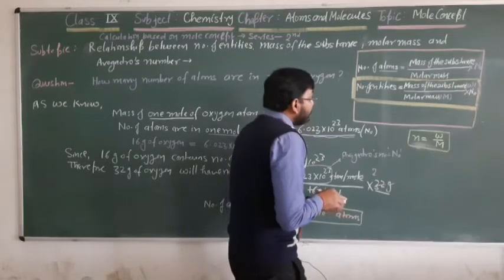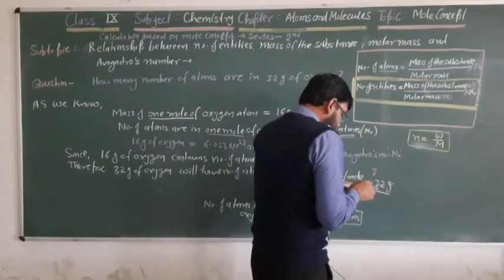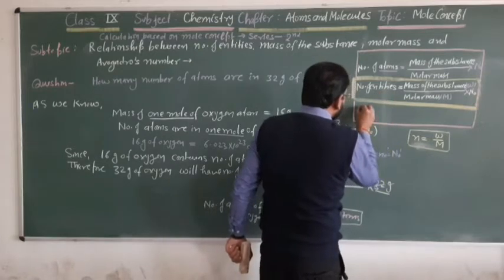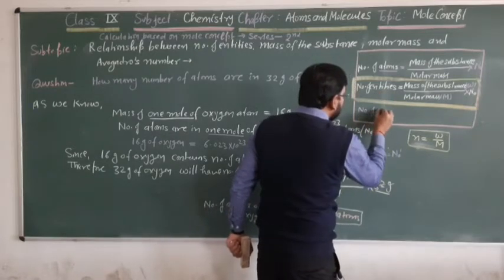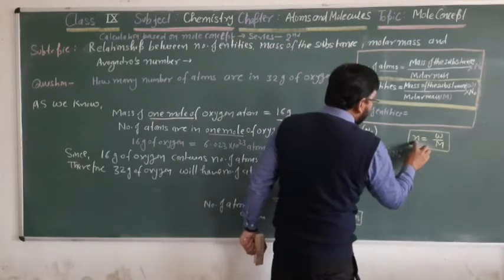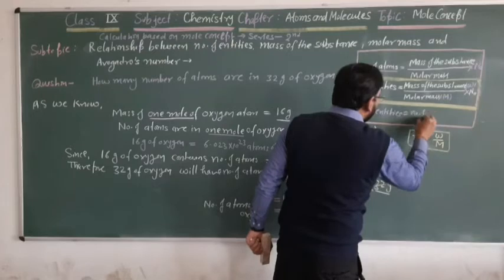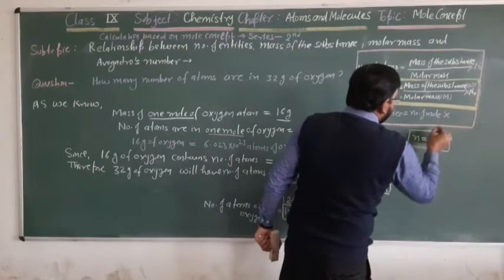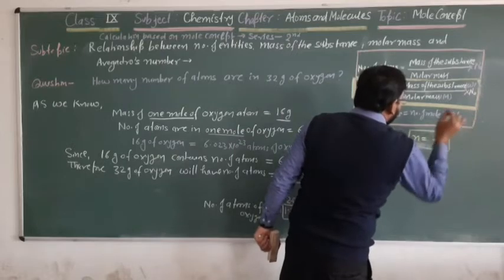So now can we write number of entities is equal to number of mole multiplied by Avogadro's number N naught?